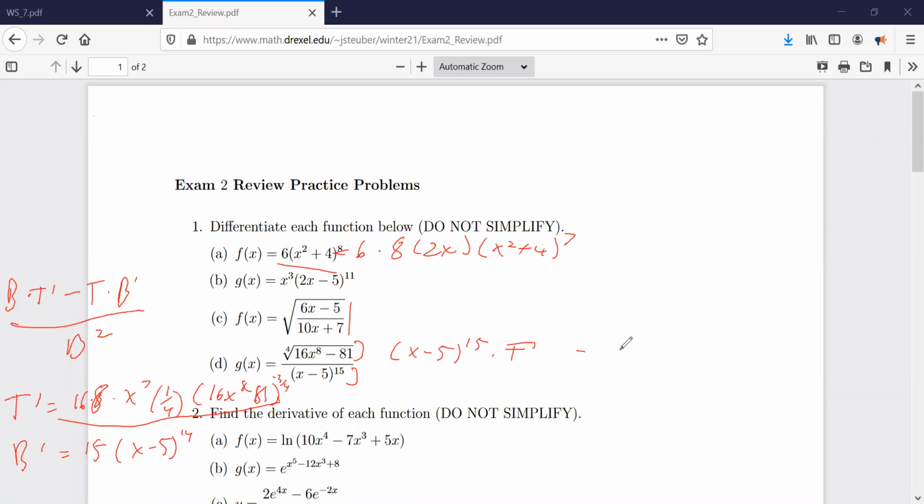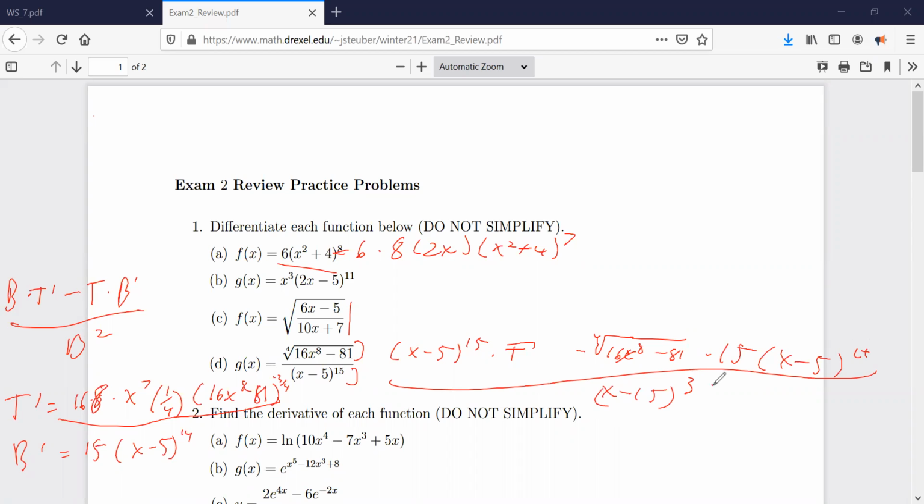Minus the top times the derivative of the bottom, so that's 15, x minus 5 to the 14, and that's all over the bottom squared, so that's x minus 15 to the 30.